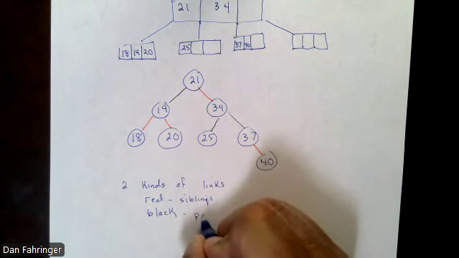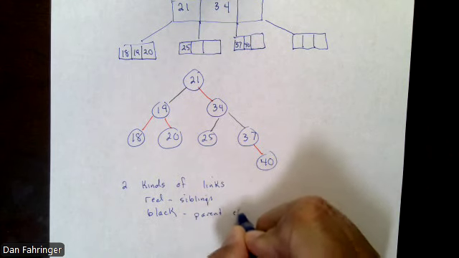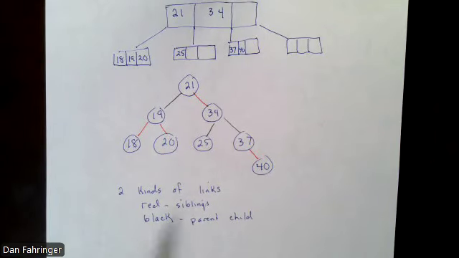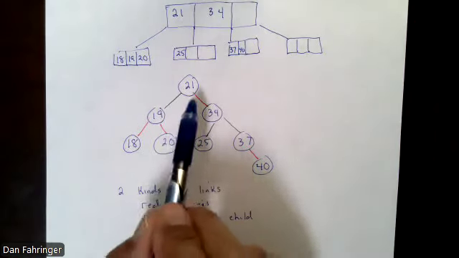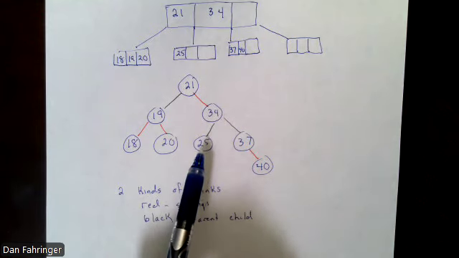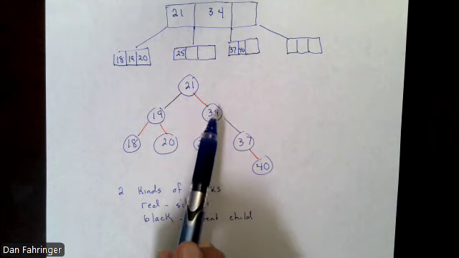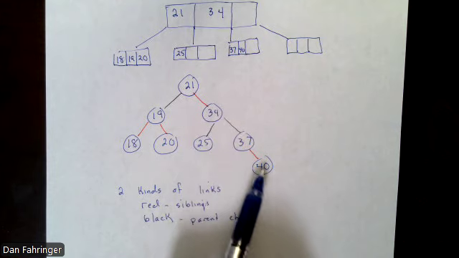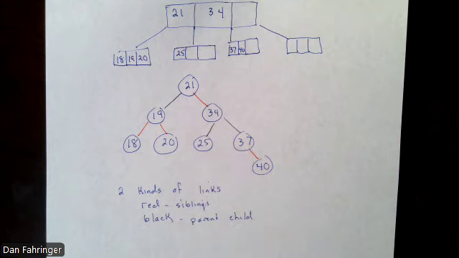Black is parent child. Oh, so they are the same. 21 is a parent to these guys. 34 is a parent to 37, whose sibling is 40.